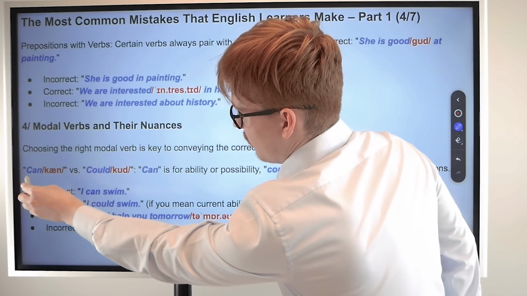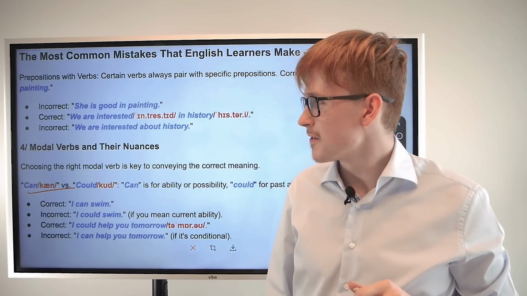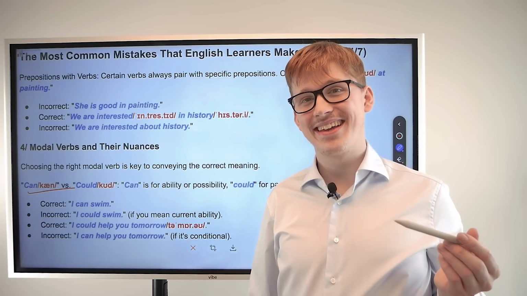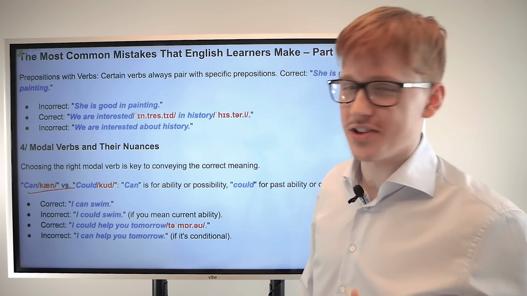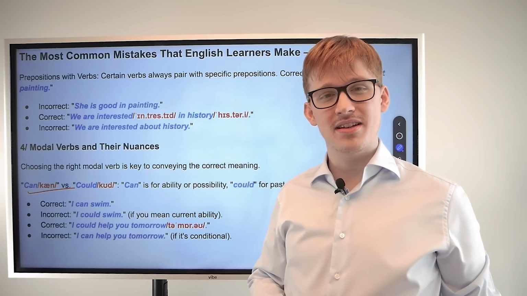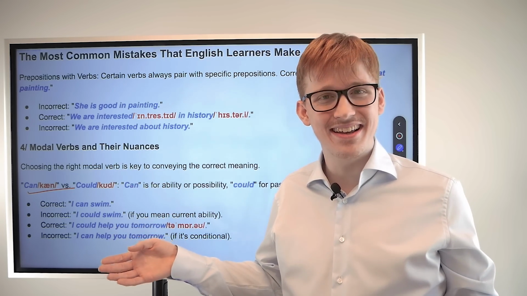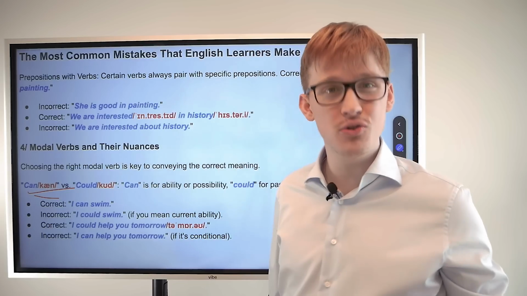All right, let's now have a look at some of our pronunciation, as we always do. Let's have a look at the first one here. One syllable. How would you pronounce this word? Can. It's the same pronunciation as a can of Coke, but the same one when you're saying that you can do something.